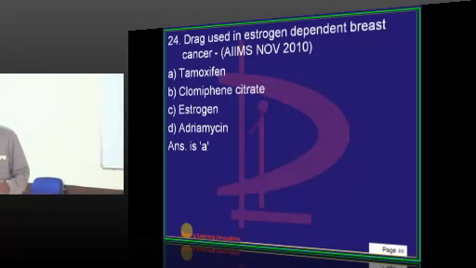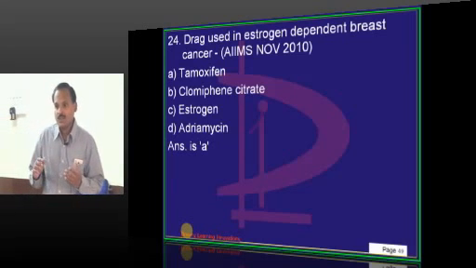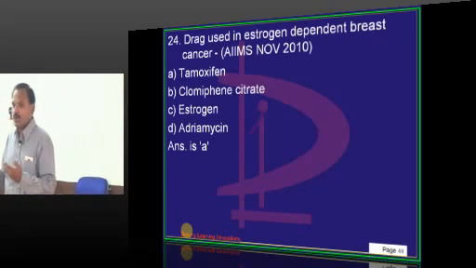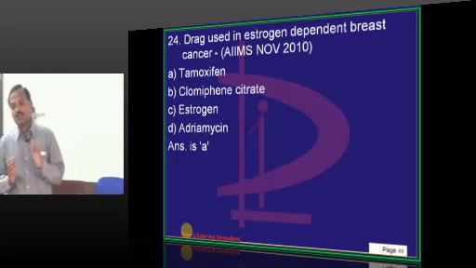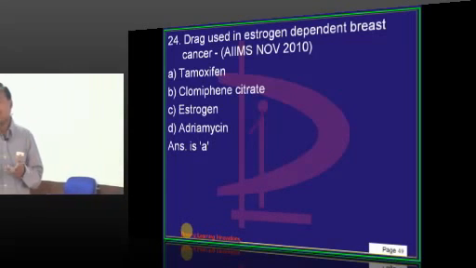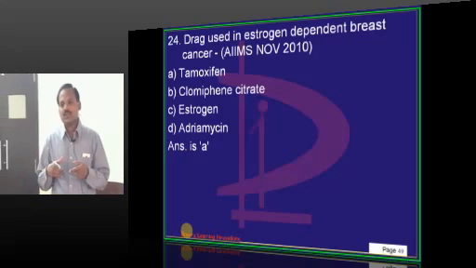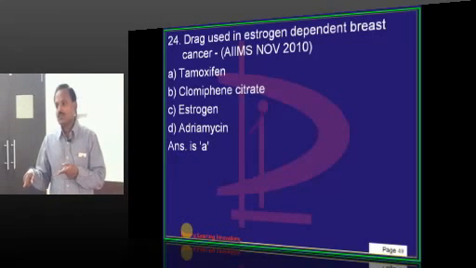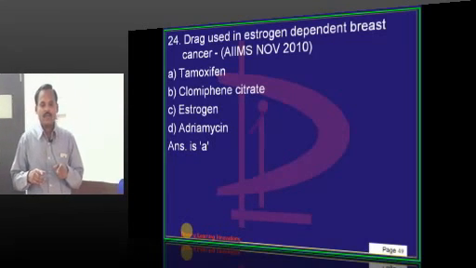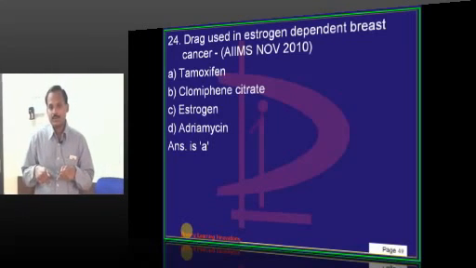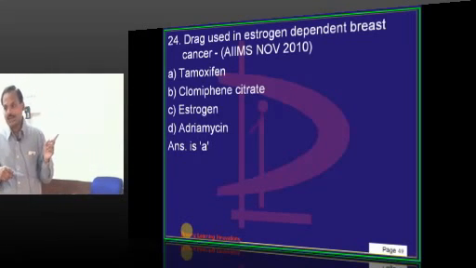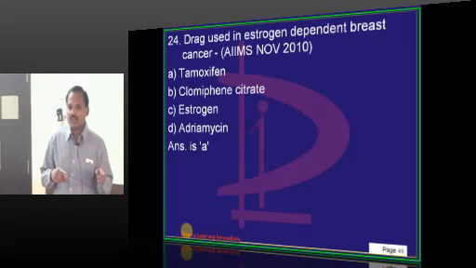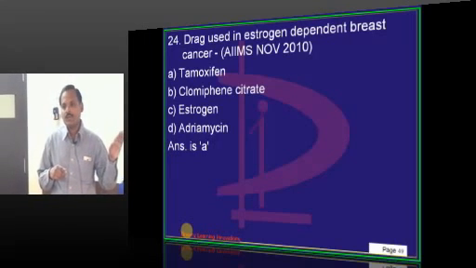Tamoxifen is an estrogen antagonist, but it is a selective estrogen receptor modulator. It will block the estrogen receptors in the breast, but unfortunately it is an agonist at the estrogen receptors in the endometrium. So, if the woman has an intact uterus and you are giving tamoxifen, if she has breast cancer the cells will be blocked.